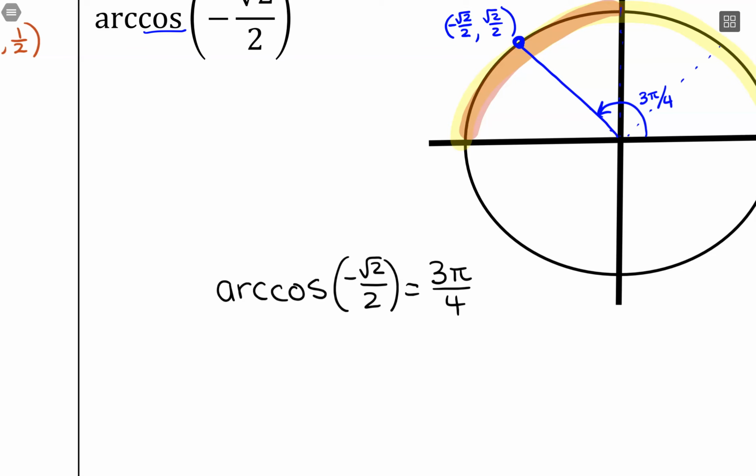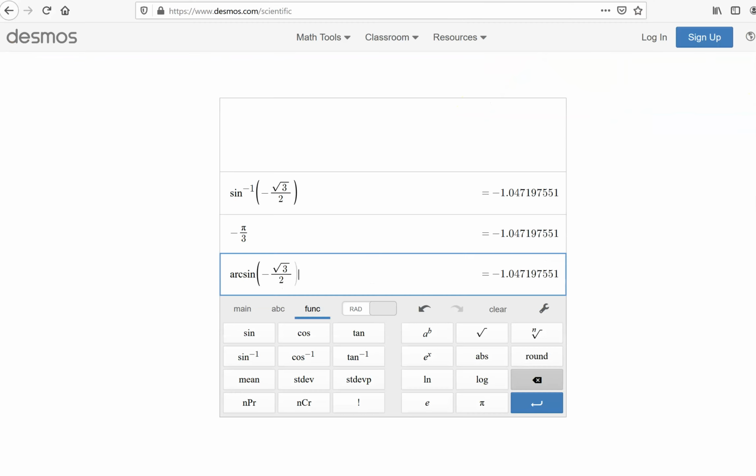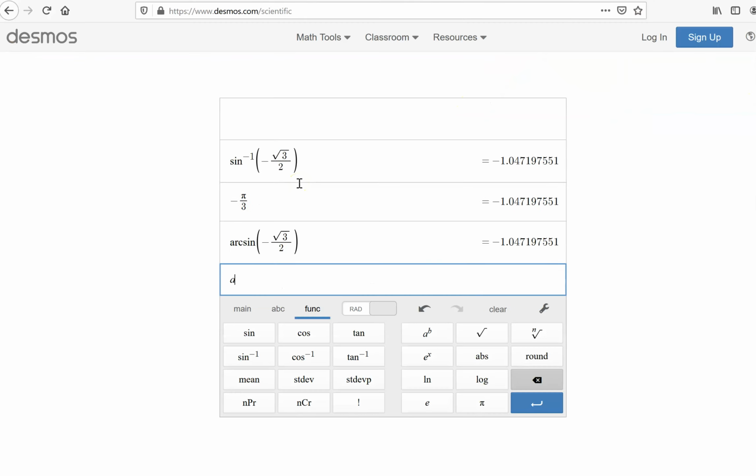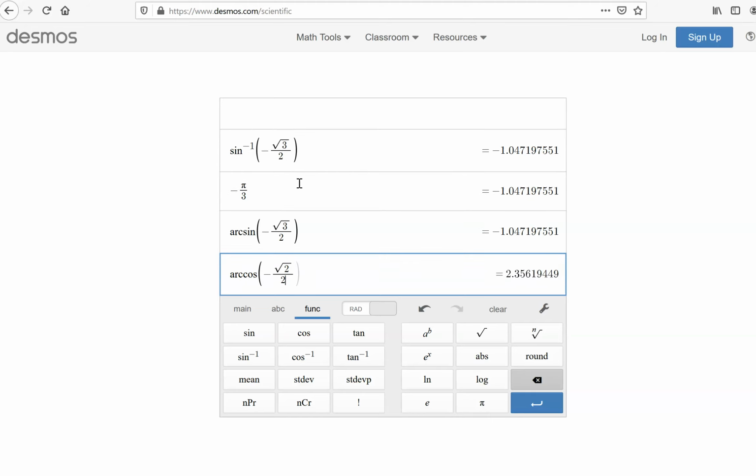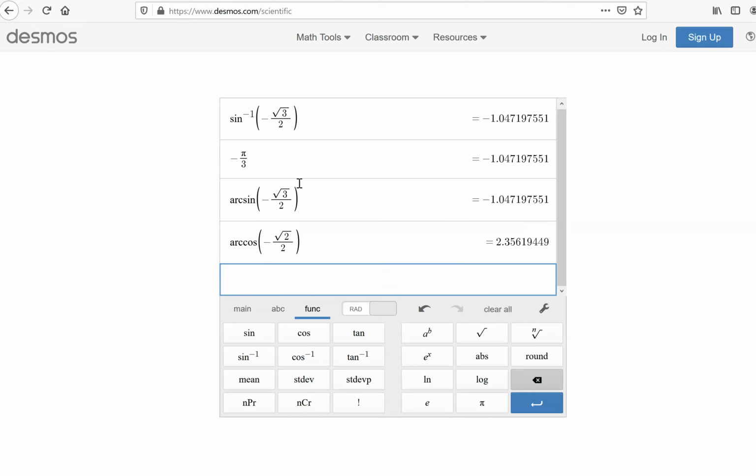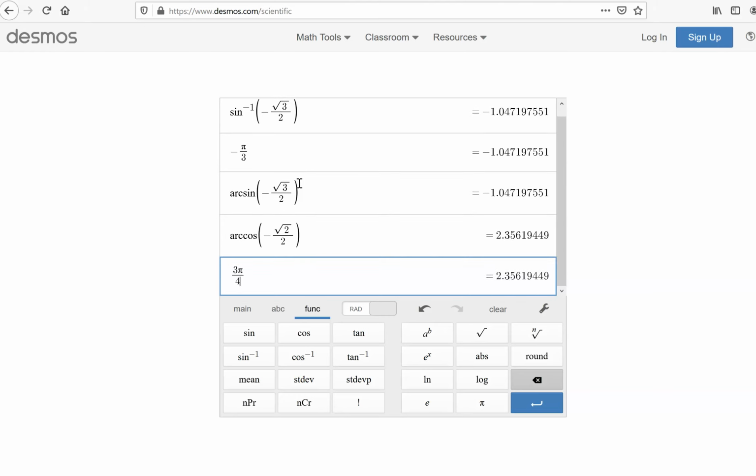And let's just go ahead and take a look at the calculator there, just to show you how to check it. So inverse cosine of negative √2/2 is equal to all of that. And what we found was that that angle measurement, what was it, 3 pi/4? Same exact thing.